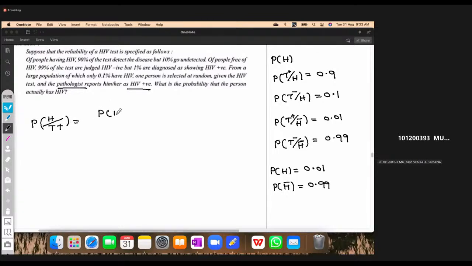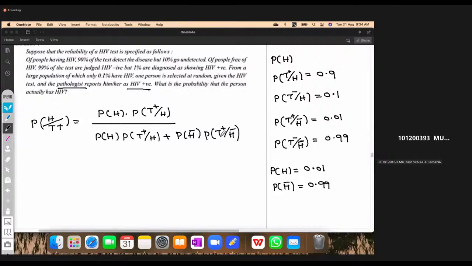So, what can you write? Probability of H into probability of T positive given H, by probability of H into probability of T positive given H, plus probability of, now you need to consider under which cases the report will be positive. So this is H prime and probability of test positive given H prime. Okay, so will it be sufficient or not?